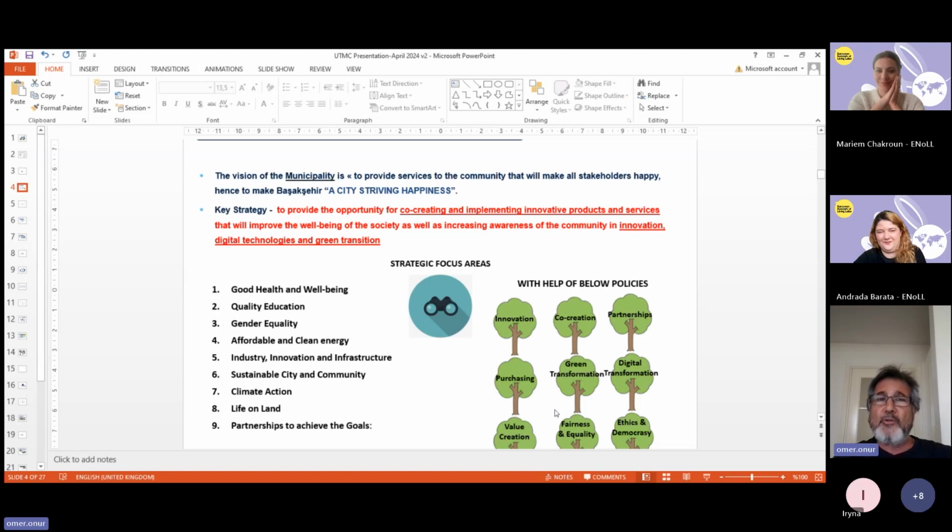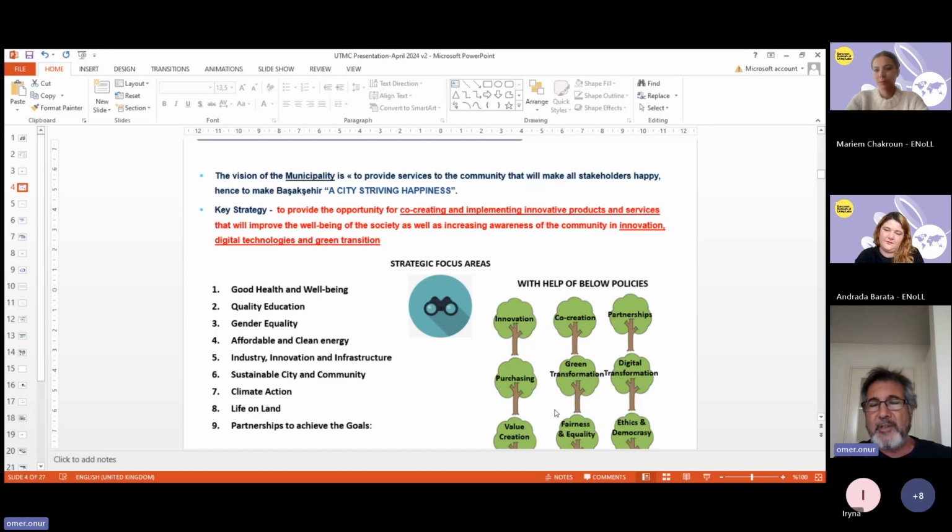But of course, to do this, there is a key strategy, which is our Living Lab's mission to provide the opportunity for co-creating and implementing innovative products and services to improve the well-being of the citizens, of course, through innovation, digital technologies, and green transition.